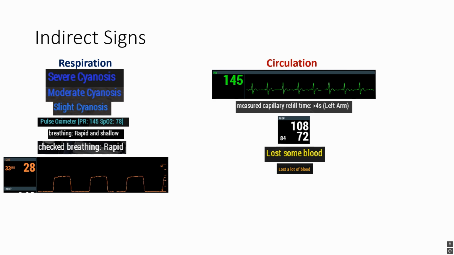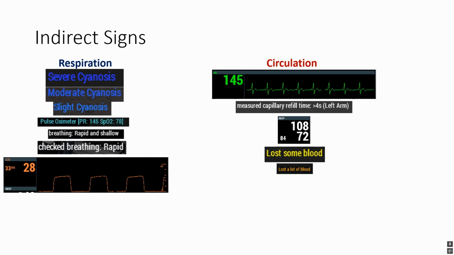You're going to see that on the pulse oximeter. Breathing rate is obviously going to go up with the body trying to compensate for that loss of SpO2. It's either going to be rapid and shallow or rapid, depending on its severity. And you're also going to have reduced EtCO2 from that bad gas exchange.